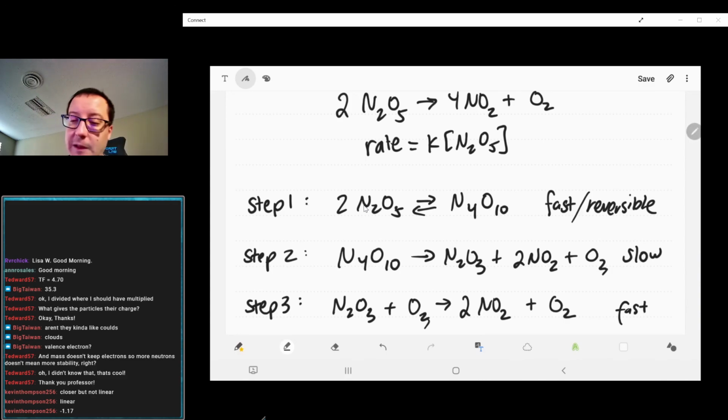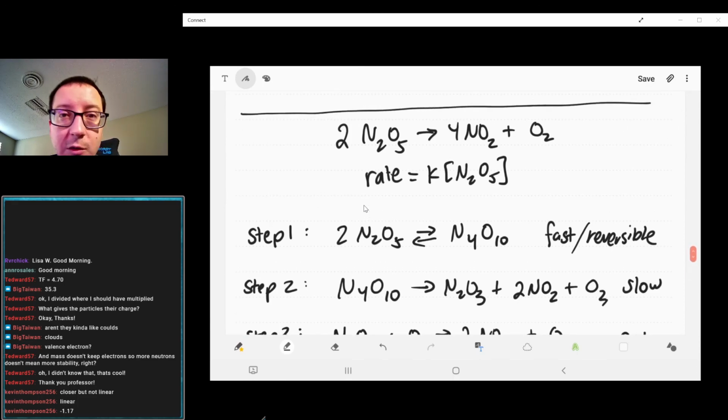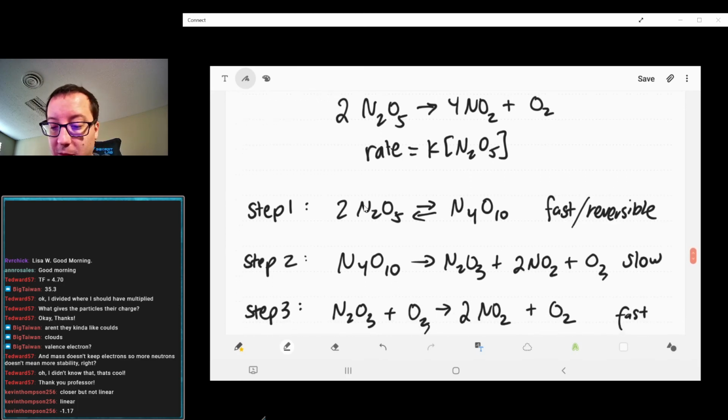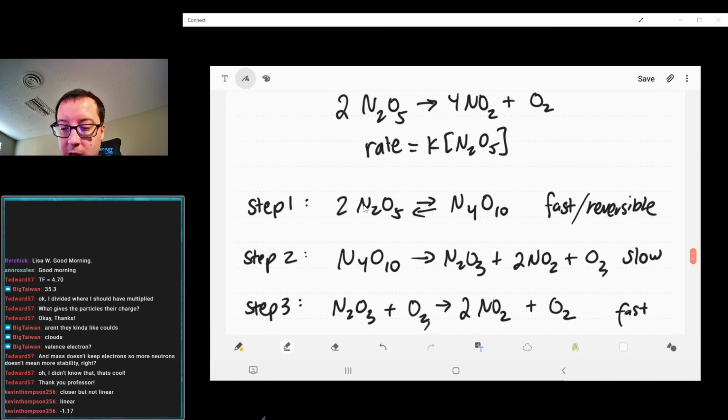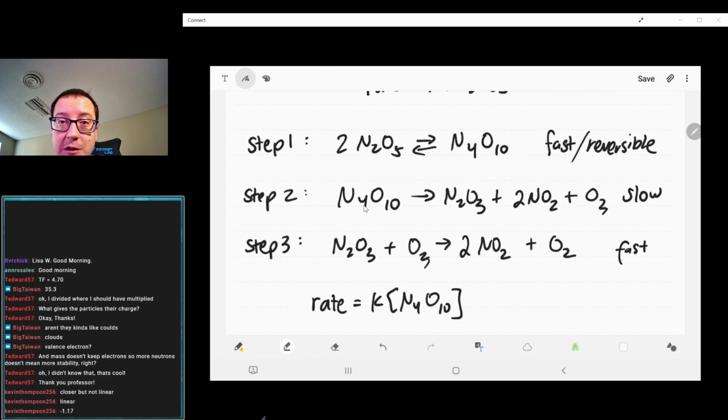Because we know the rate law is not the same as just the two molecules, it's only dependent on one of them, this is not suggesting that the overall reaction is one step. So we probably have multiple steps going on here. If we look at our slow step, our slow step says that the rate is equal to N4010 for our slow step.